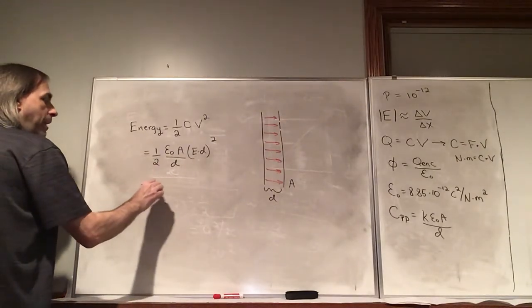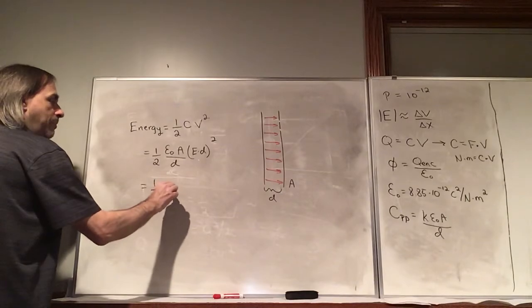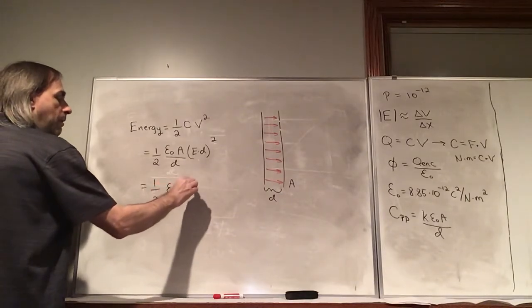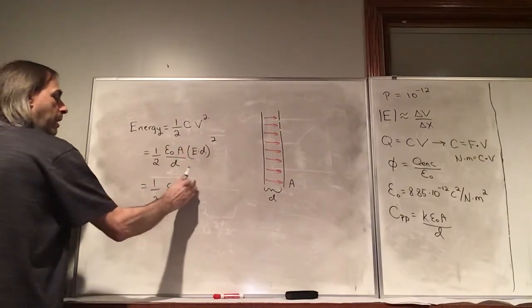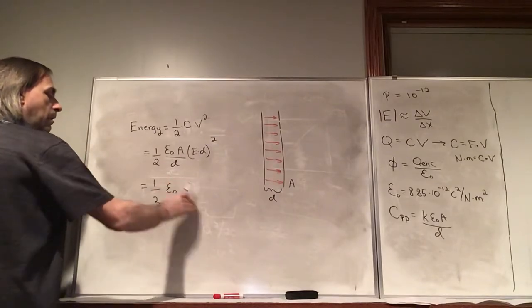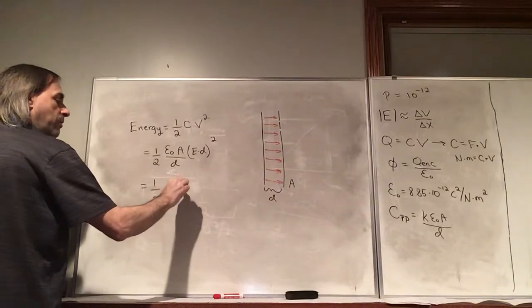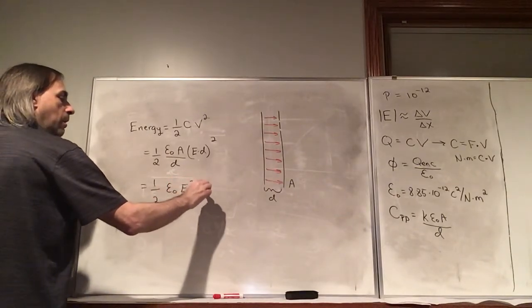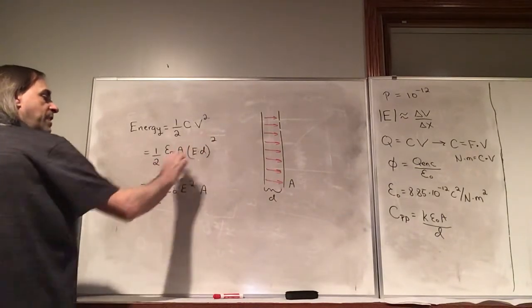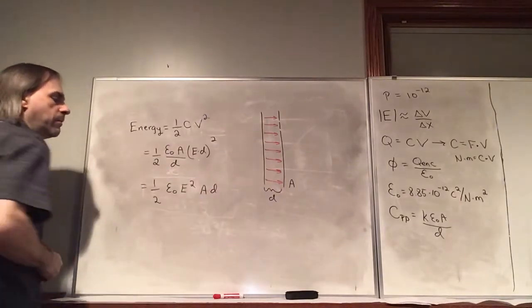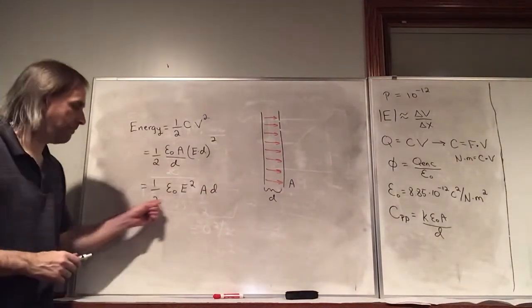So basically we have 1/2 epsilon naught A times D. I'm going to write this as 1/2 epsilon naught, we've got an electric field squared, we've got the area, and then we have D squared divided by D. So I wrote it in this particular form.